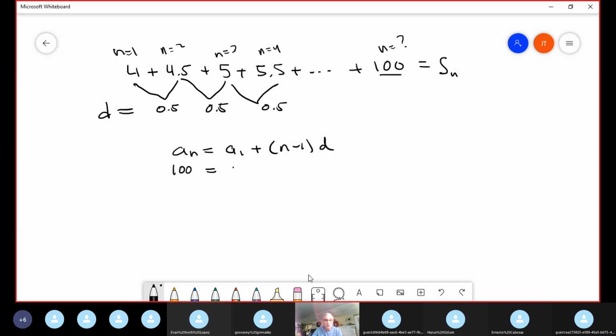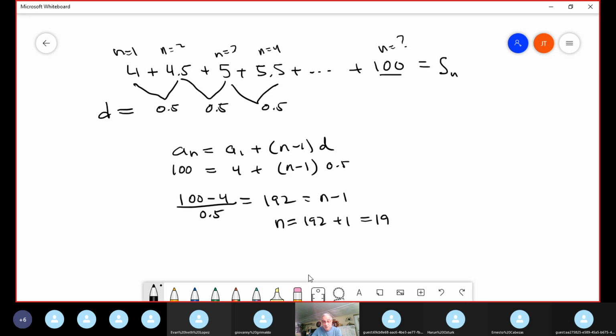This is the first one, 4, n is what I am looking for, and d is 0.5. So 100 minus 4 divided by 0.5. The answer is 192, but this is n minus 1. Therefore n is 192 plus 1, which is 193. I discover that the position for the 100 is 193 in this arithmetic sequence.